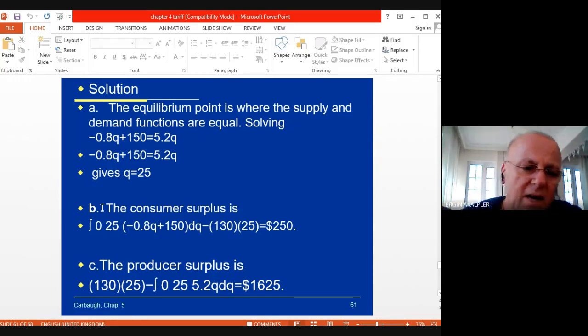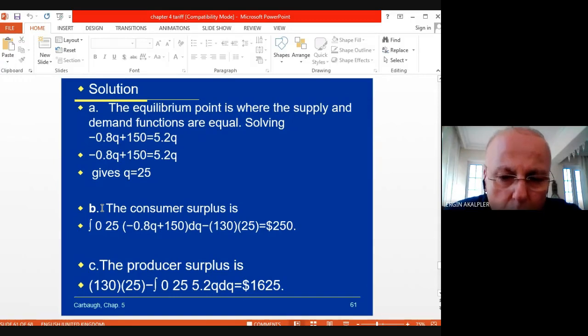The consumer surplus here is then, of course, the integration from 0 to 25 of minus 0.8 Q plus 150 dQ minus 130, where 25 is calculated with this derivation.